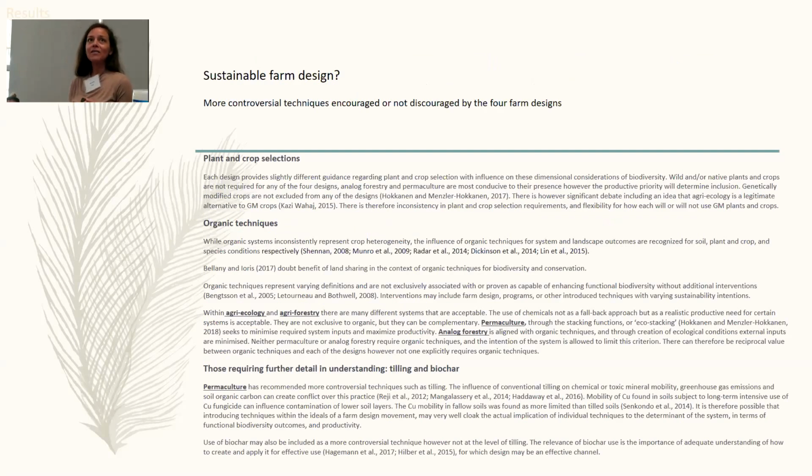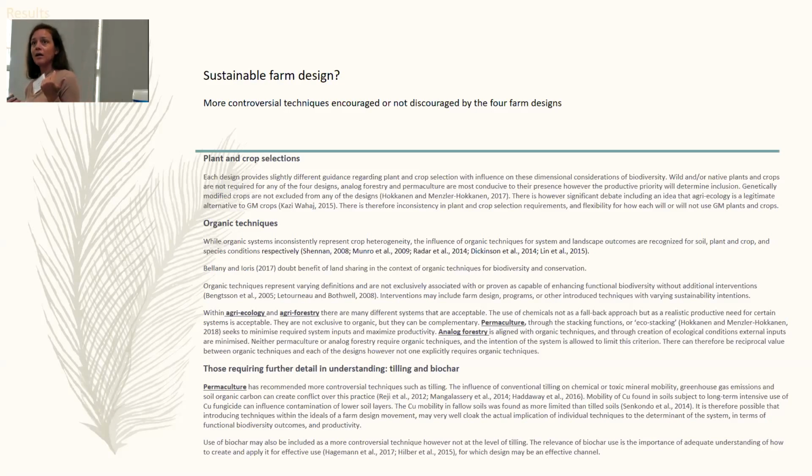Then there's the idea that you have all of these farm designs that fall within a category of sustainable, but consistently there are some techniques that are used that either overlook particular things or allow them, that most people wouldn't consider sustainable. So that's something else to think about if you're going to champion one farm design, or look at complementarity between plant and crop selections.